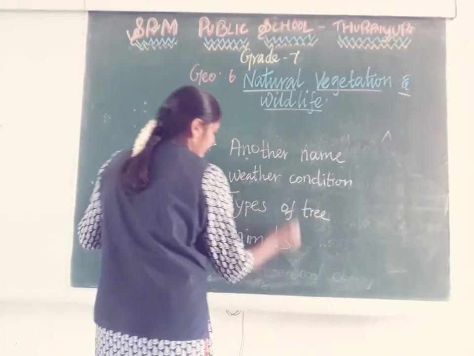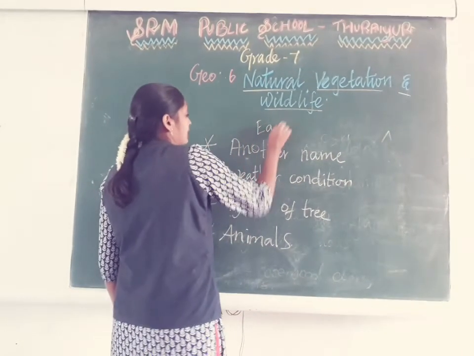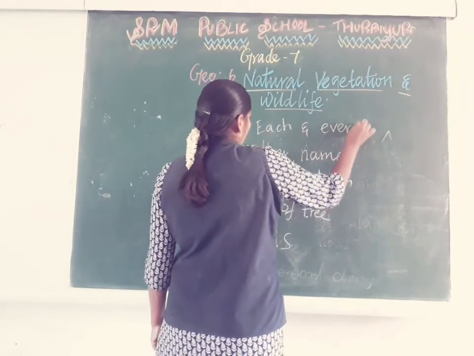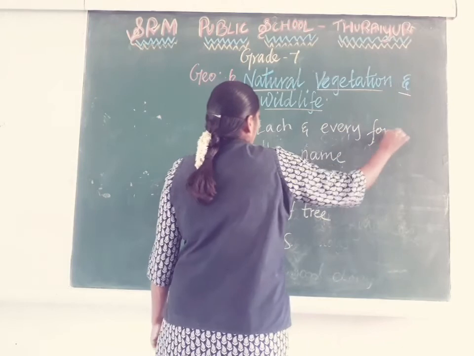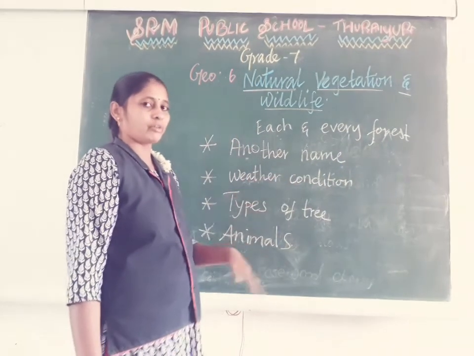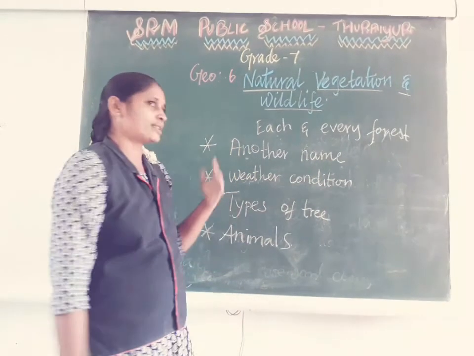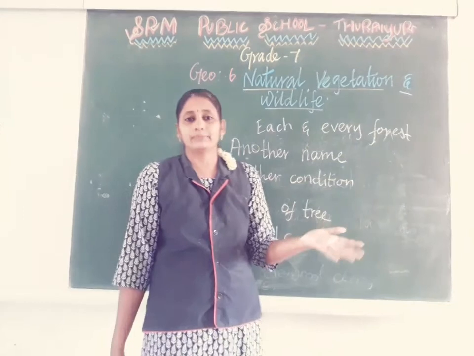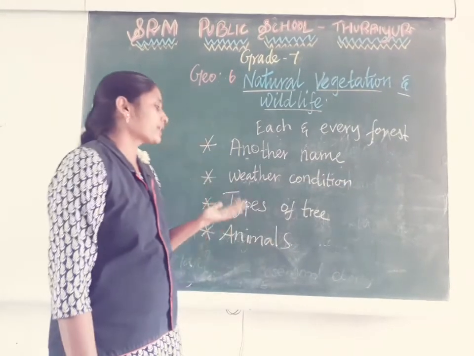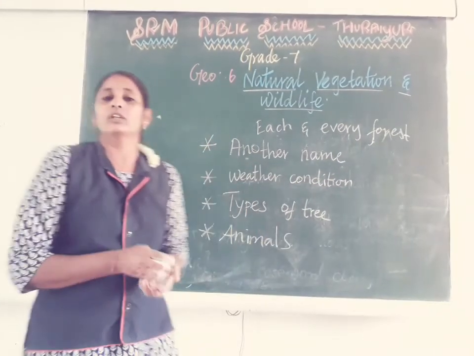If you read each and every forest under these points, you will find it easy. For example, what is another name of tropical evergreen forest? It's rainforest. What is another name of tropical deciduous forest? Commercial forest or monsoon forest. Under this approach you will find it very easy to understand.